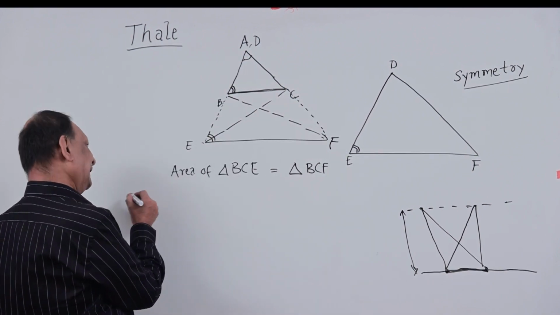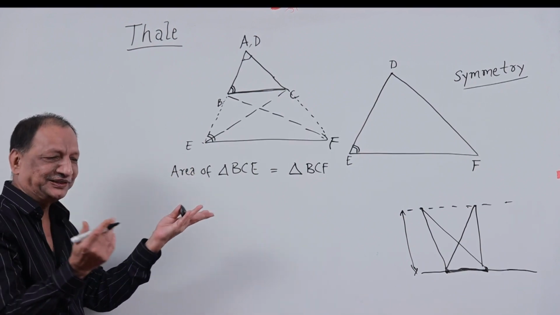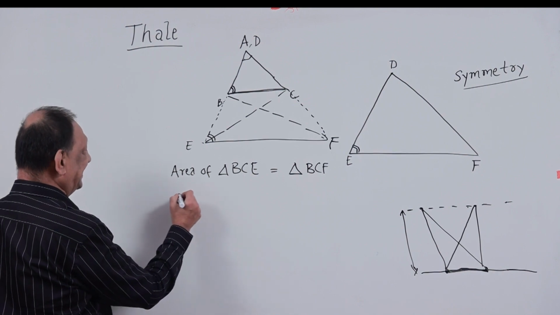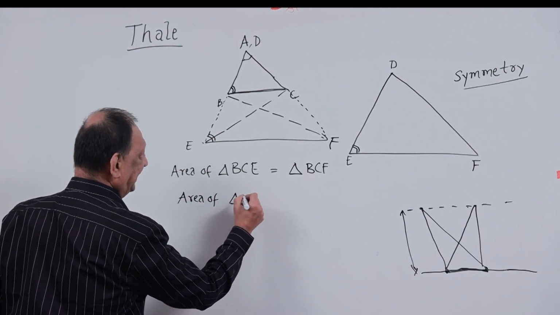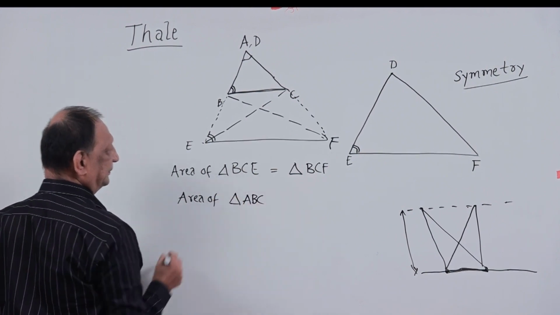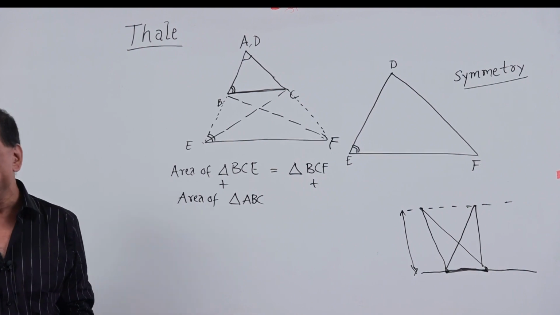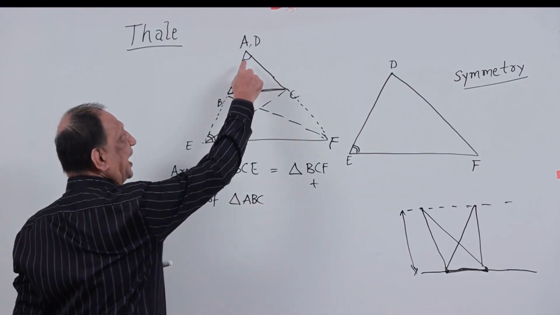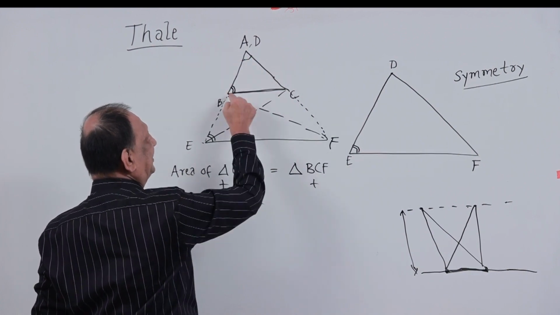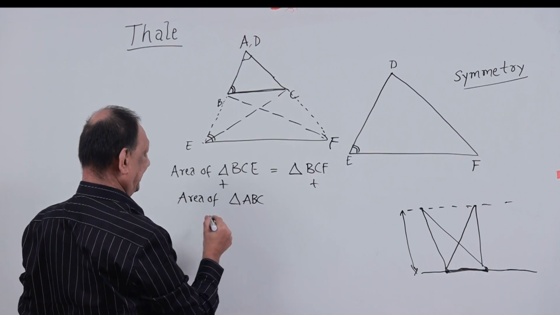Supposing we add, so that is the next part of the mental construction or algebra, add area of triangle ABC here and also here, both left hand and right hand side. You add the area of triangle ABC so that we get a bigger triangle. So if you add triangle ABC to BCE, you get ACE, correct?